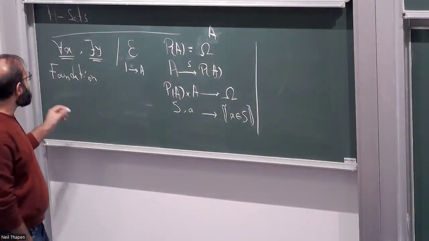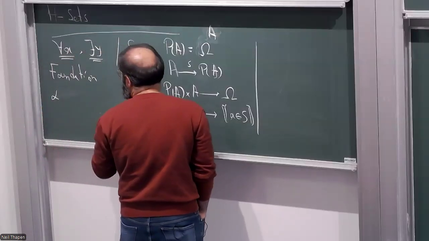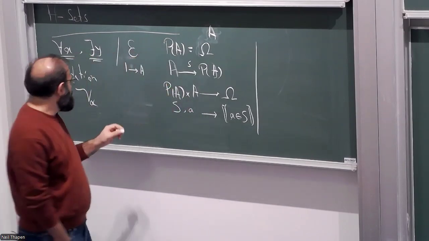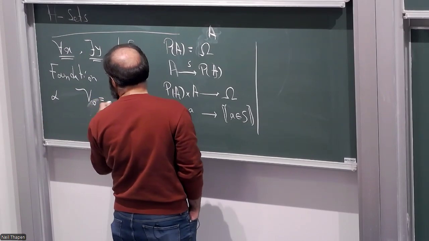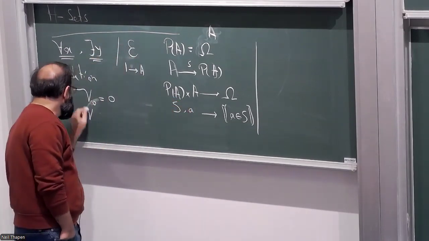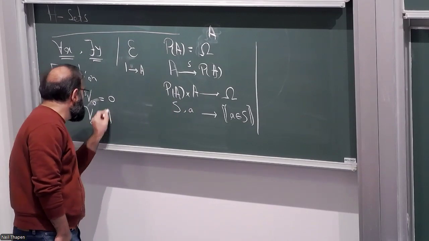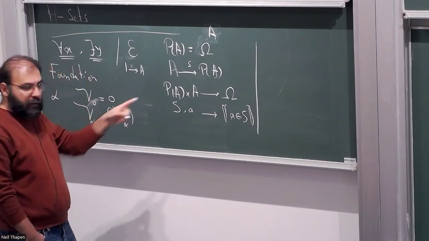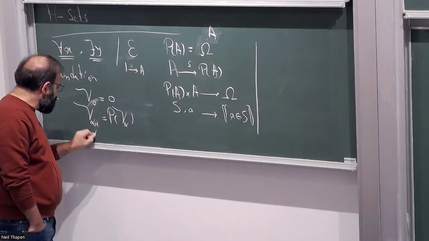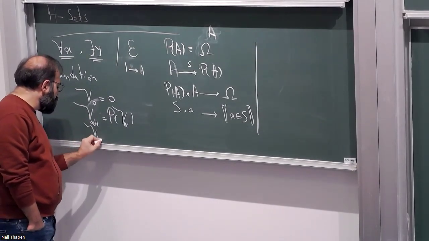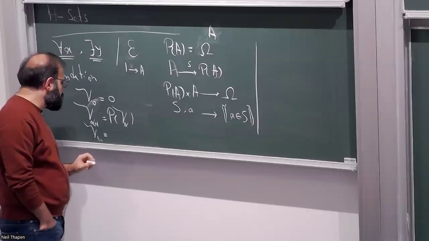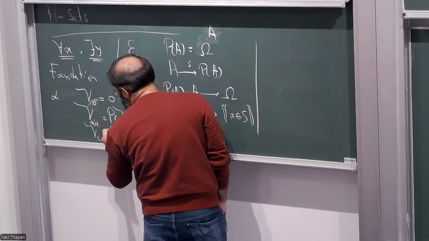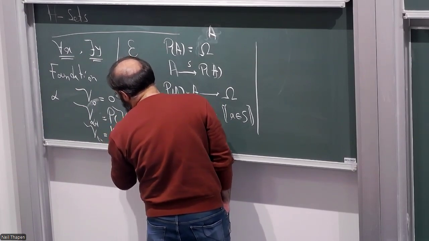So the trick is this. For any alpha, as I said last time, you define your V alpha as an object inside E. The definition is that V0 is just a zero object, and V alpha plus 1 is P of V alpha, object to object. And V of any limit is just the limit, or the union, if you like.